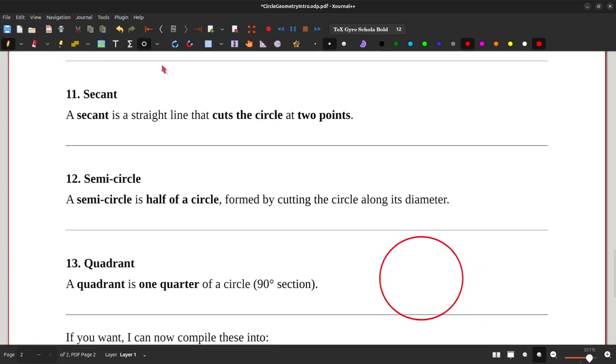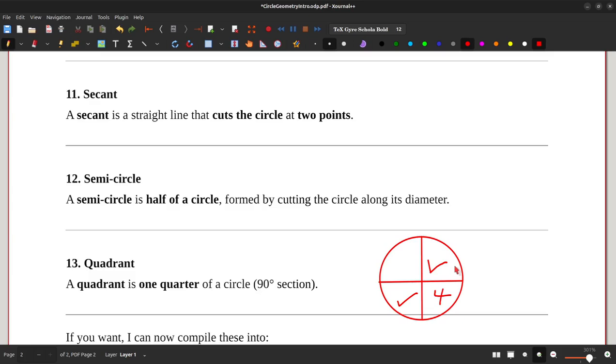Let's try to divide this circle into 4 equal parts. Like that. And then each part is called a quadrant. It's the first quarter, the second quarter, the third quarter, and then the fourth quarter there. So that's what a quadrant is.